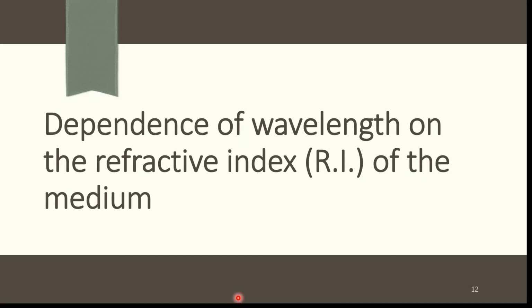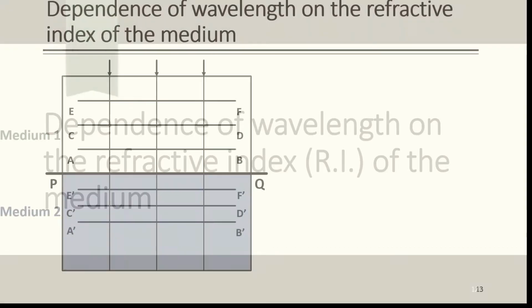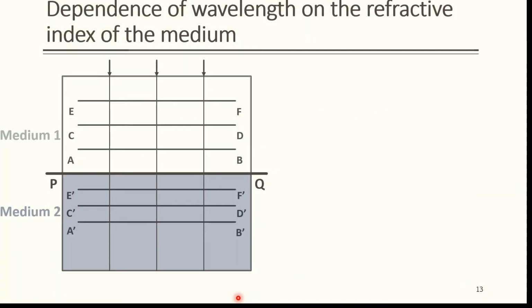Let us discuss dependence of wavelength on the refractive index of the medium. Let us consider a monochromatic light incident normally on a boundary between a rarer medium and a denser medium. The boundary is PQ.